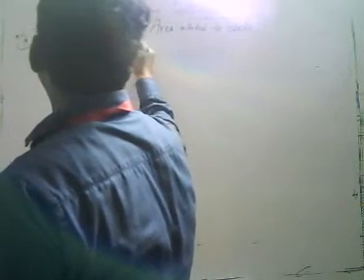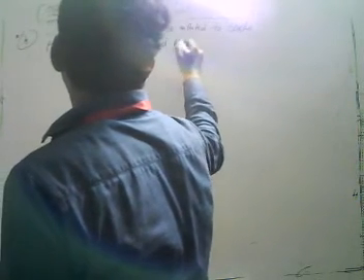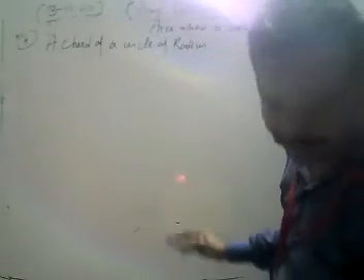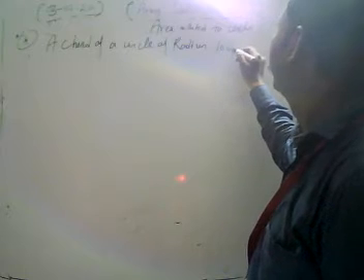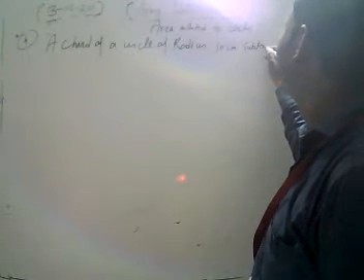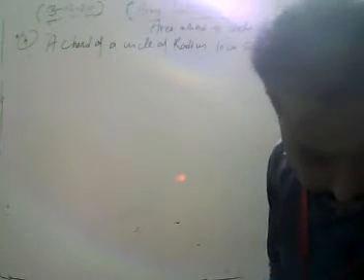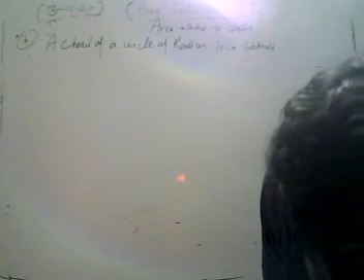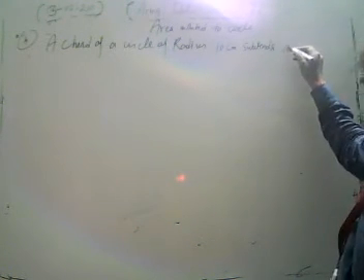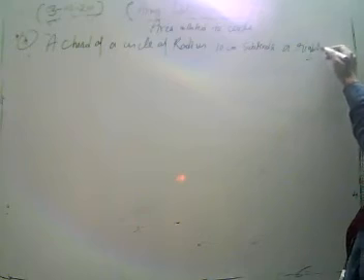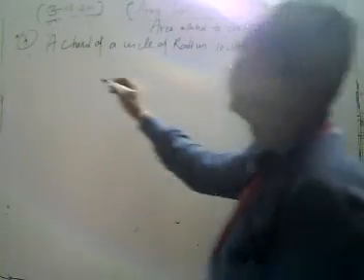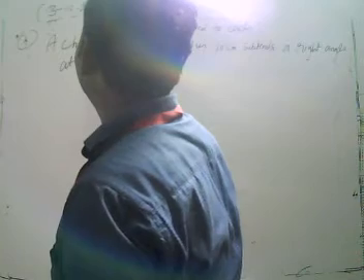A chord of a circle of radius 10 centimeters subtends a right angle at the center. This is question number 4.